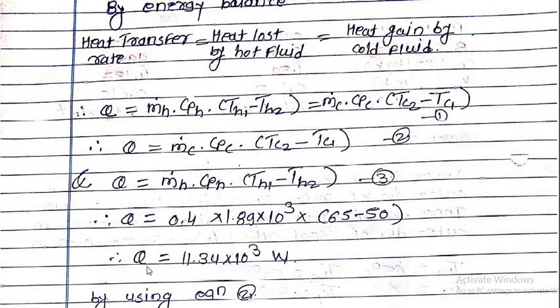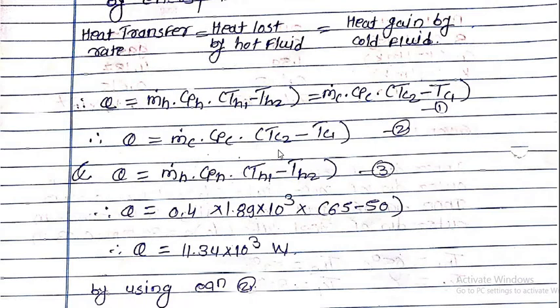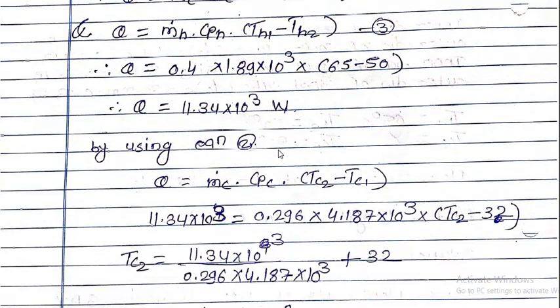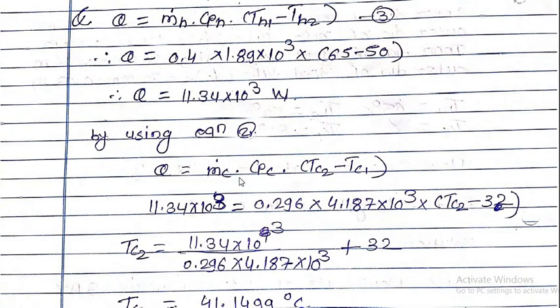Because we have already found the Q value, only one unknown remains in this equation, that is Tc2, so we can easily find the outlet temperature for the cold fluid. So by using equation second, Q is equal to m dot C multiplied by Cpc multiplied by Tc2 minus Tc1, we put all the values in this equation.